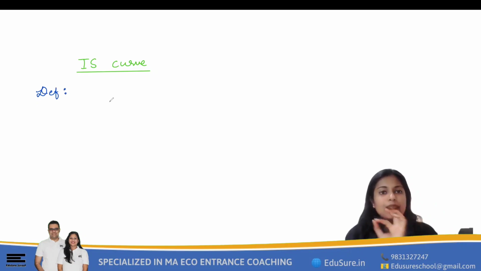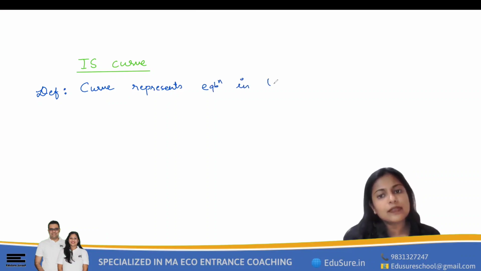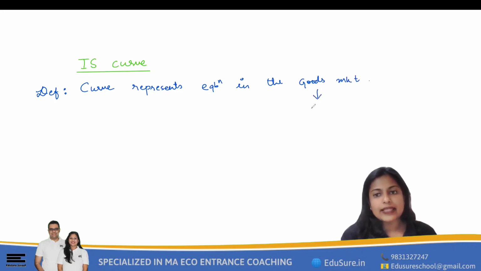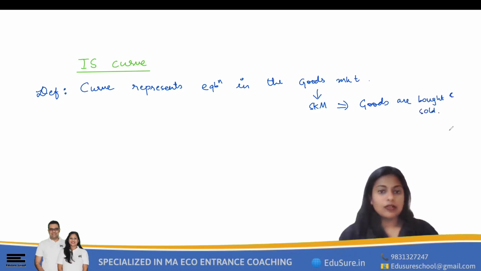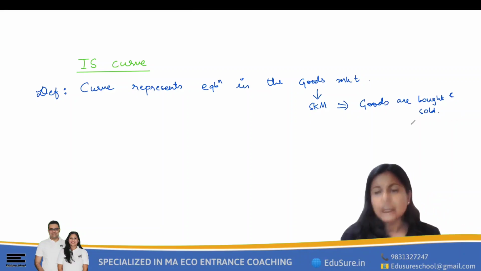The IS curve is a curve which represents equilibrium in the goods market.